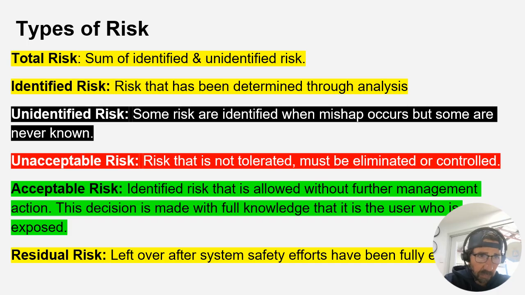You have the acceptable risks, which are identified risks that are allowed without further management or action. We understand that these are specific risks, but we don't need to provide any additional management. The decision is made with full knowledge that it is the user who is exposed.